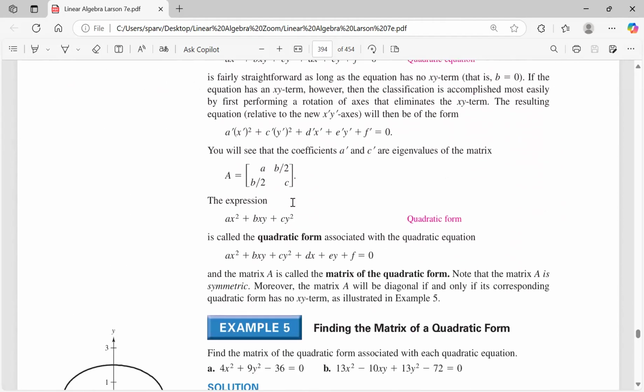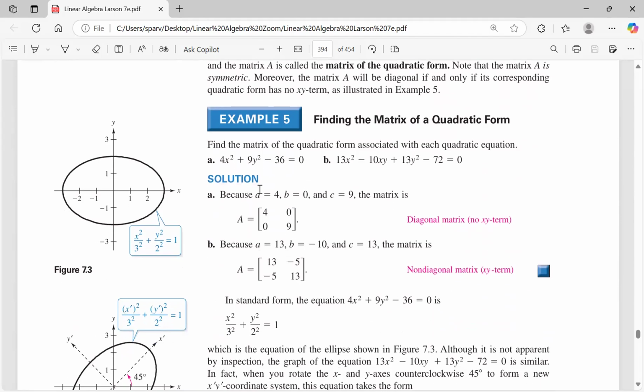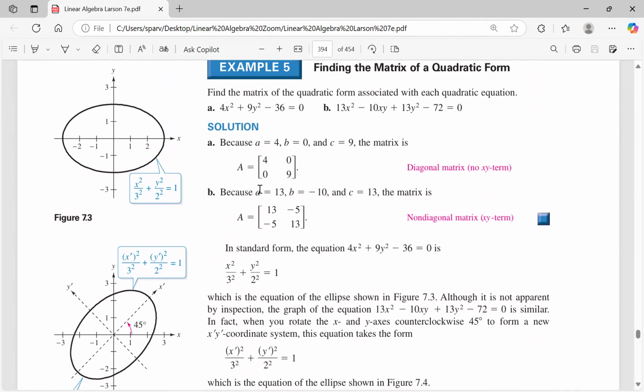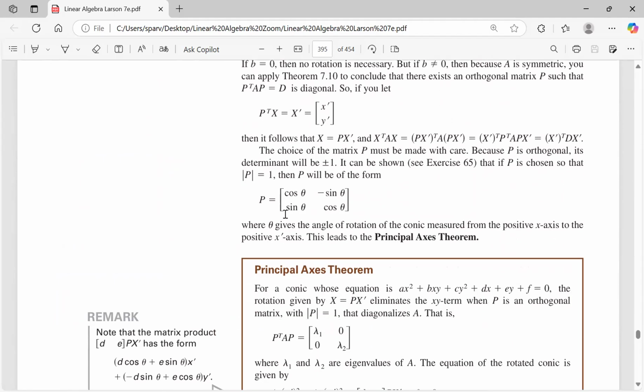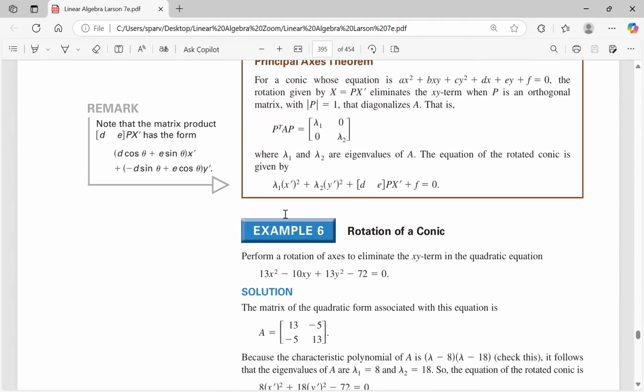Quadratic forms, that's another form here. So again, in solving systems of differential equations, we're primarily interested in linearly independent solutions of the homogeneous system. That's what we're interested in. And here's another example, rotation of axes. So again, there are so many different examples here.